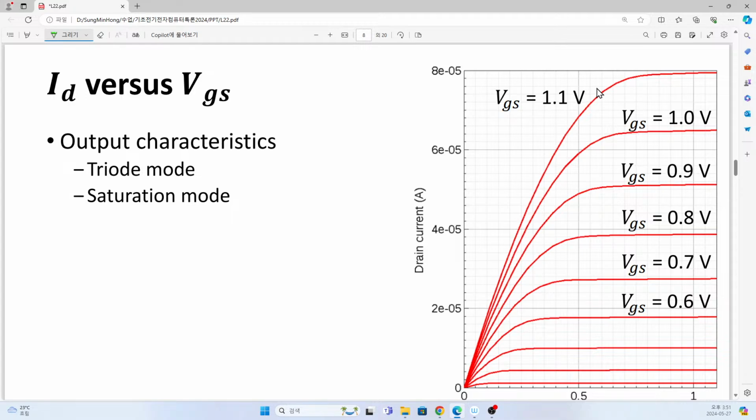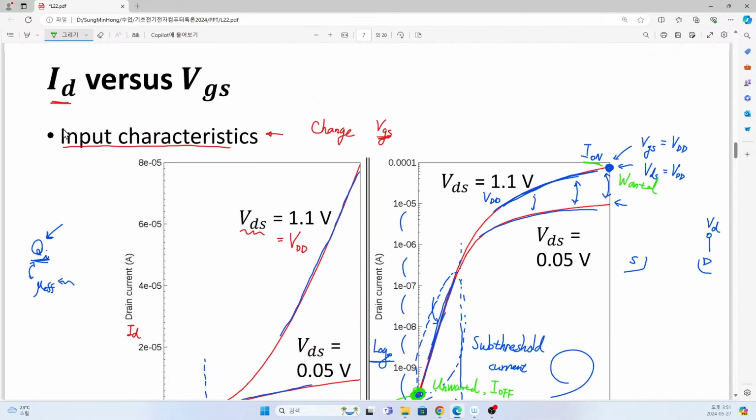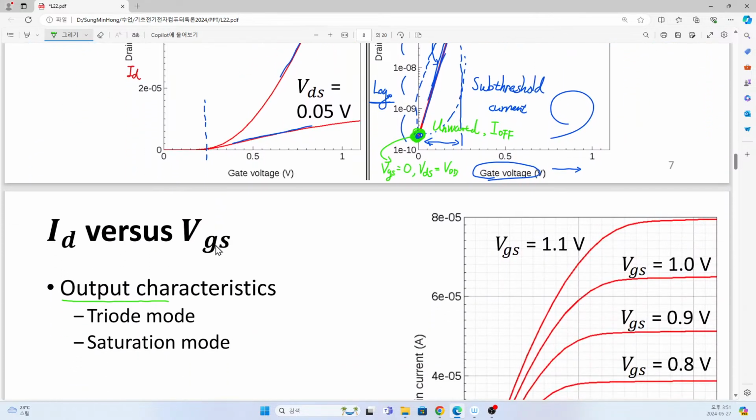Okay, that was the input characteristics, but we must also consider output characteristics. In this case, sorry about that, I have a typo here, VGS. Then I have to also change this one, VDS.